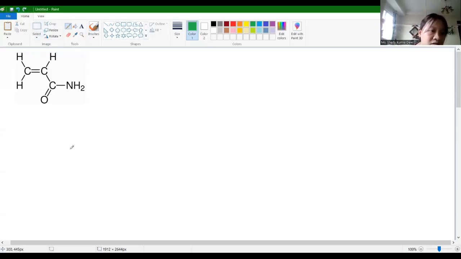I will repeat drawing of this one. Why is it not a double bond anymore? Remember, in addition polymerization, you will remove the double bond and create new bonding here. The rest will be the same.